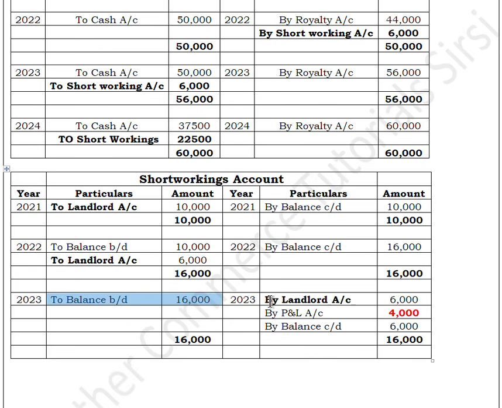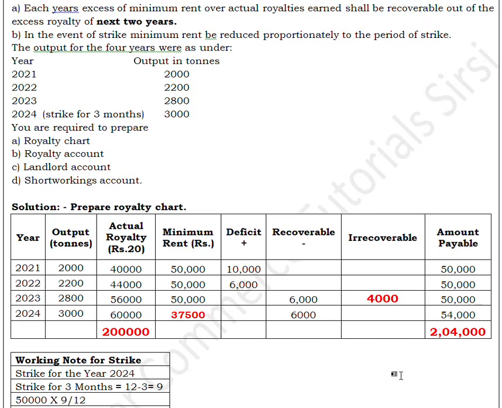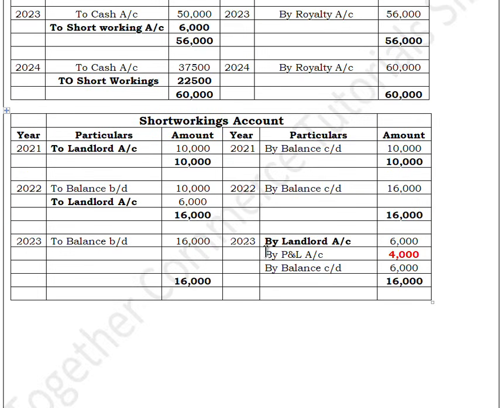Now here you will see the by landlord account entry, that is this 6,000. So this entry comes here as 6,000 as a short working entry. Then this entry by P&L account 4,000 is from the table. See, for the 2023 year you will see irrecoverable of 4,000. So that comes in this year as by P&L 4,000.